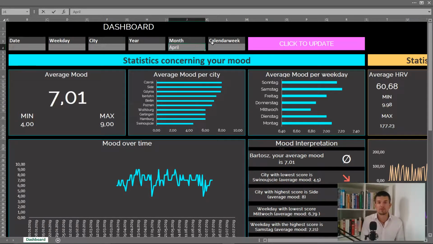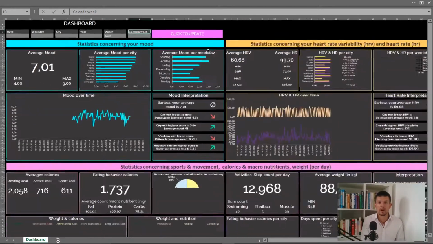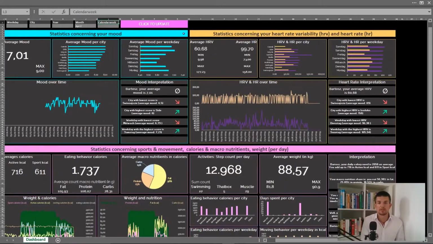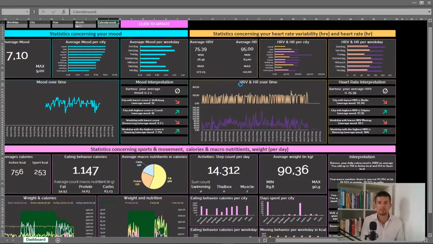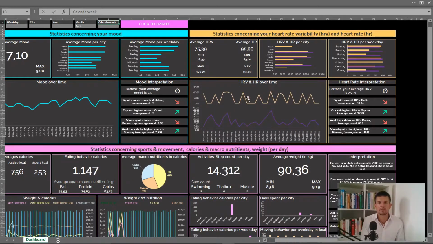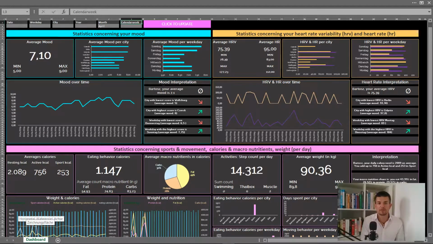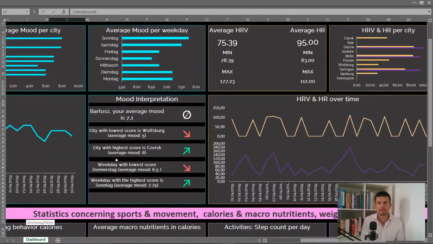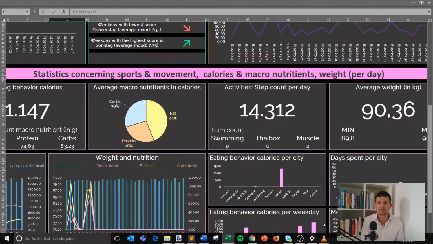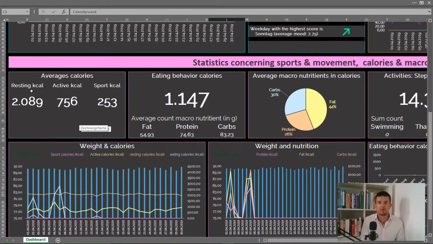So what you need to do now is zoom out in order to see the changes and click to update. Right now the macros are working, so what we have now are the changed values. So let's zoom in again into my sport and my nutrition. What we see here is resting calories 2000, and sports calories in April were just 250, so I was not doing as much sports as possible.